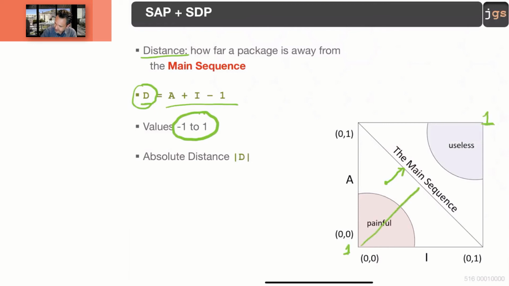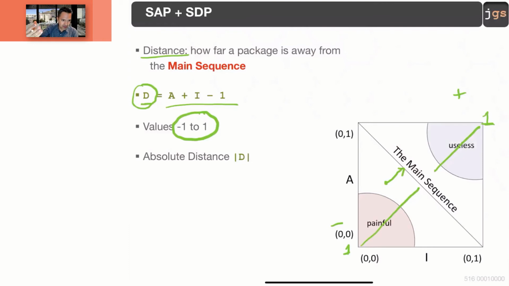The distance is 1, but positive or negative. And therefore the sign is going to tell you, well, you are far from the line, but you are either close to the useless zone, or you are far in the direction of the painful zone. The distance metric is going to tell you that with these values, -1 or 1.